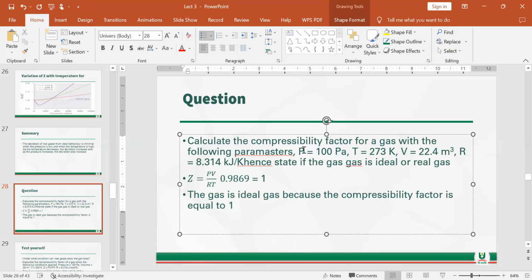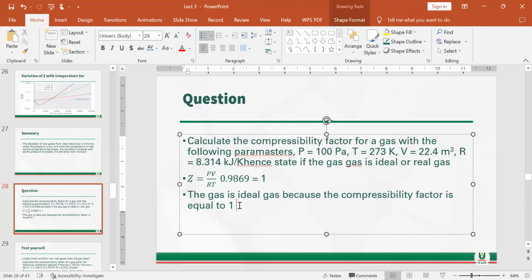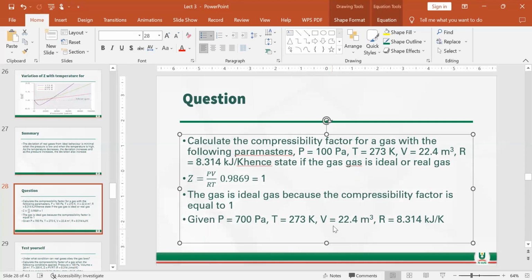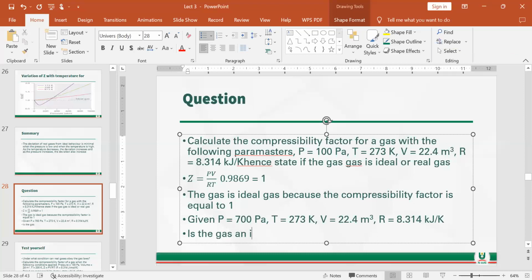Now, if you have the following parameters given, let's say the pressure is 700, and that is it. Is the gas an ideal or real gas?